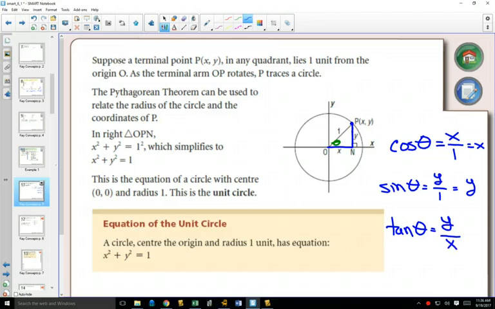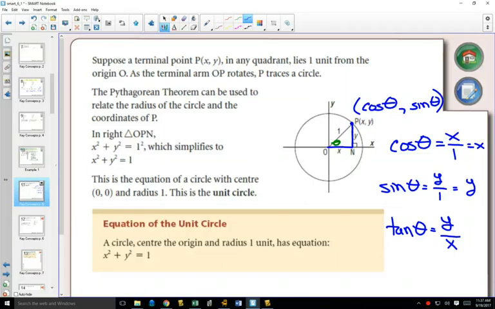Now, this doesn't seem like very much, but this is the beginning of some major big ideas. First of all, instead of calling this point x comma y, we can now call this point, well, what's x equal to? It's the same as cos of the angle. So this point is cos of theta, comma, sine of theta.